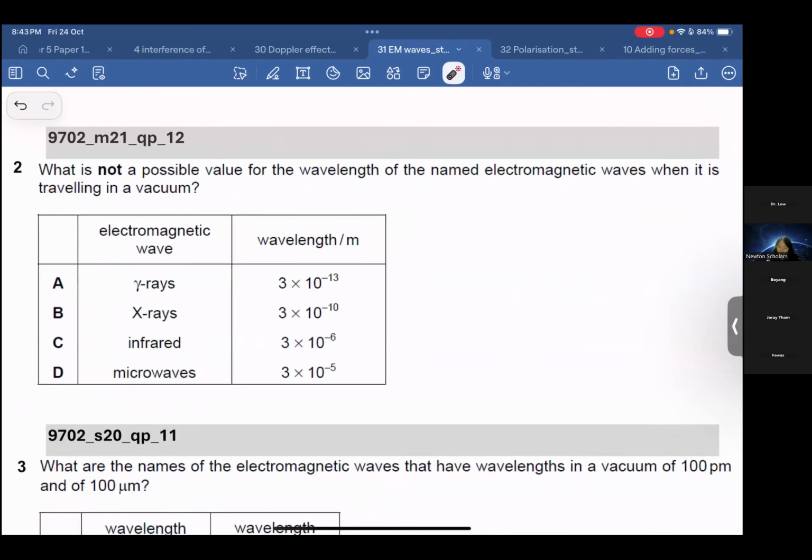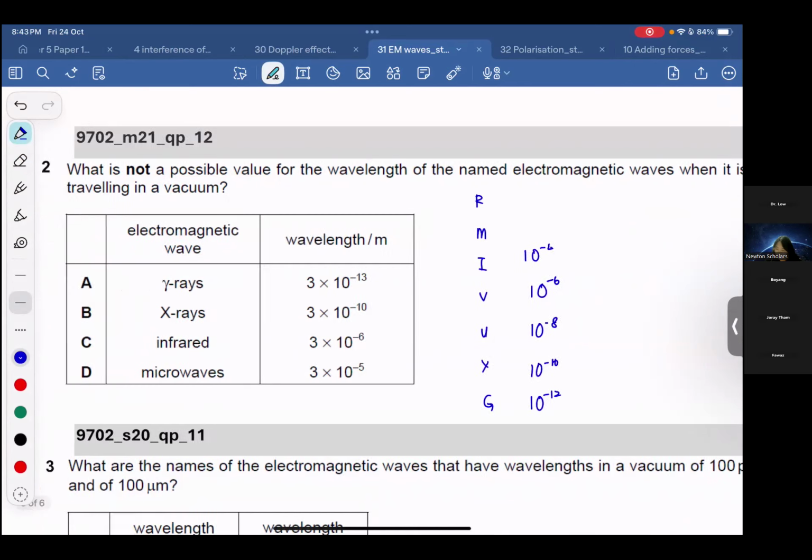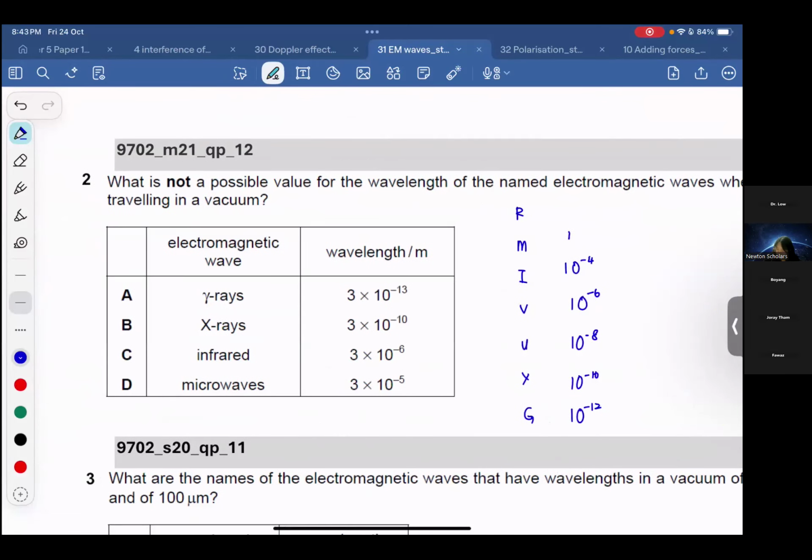Which one is not possible? Using the technique that I taught you just now, from the last one: negative 12, negative 10, negative 8, negative 6, negative 4, negative 2, 3, roughly.